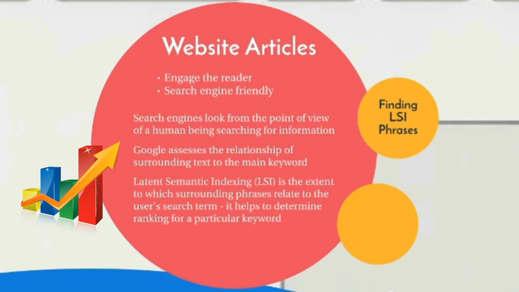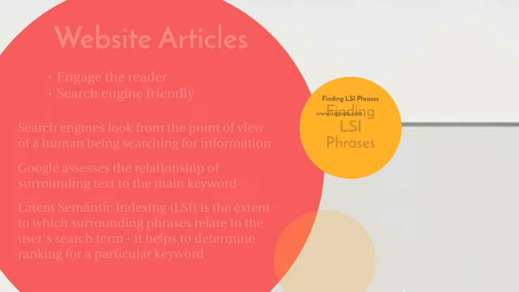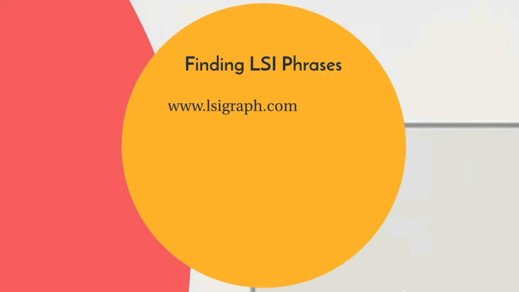The rest of the text should contain synonyms and phrases related to that main keyword. These phrases are described by the term LSI, latent semantic indexing, and can either be generated by Google or a special application such as lsigraph.com.